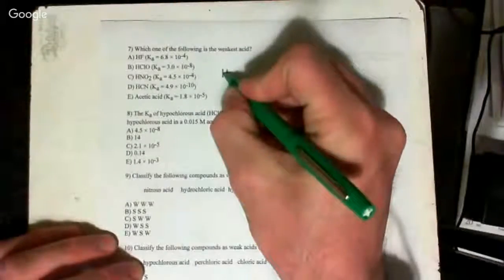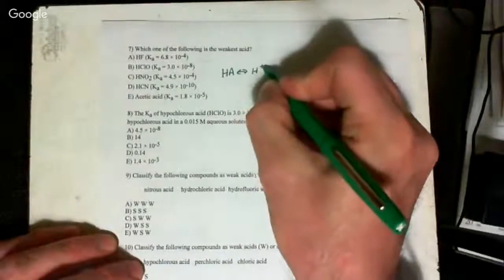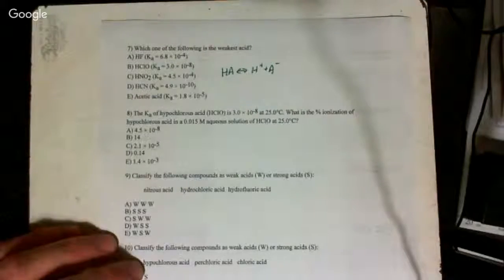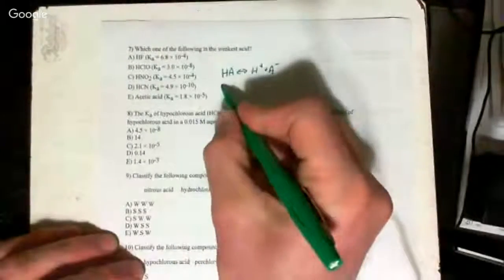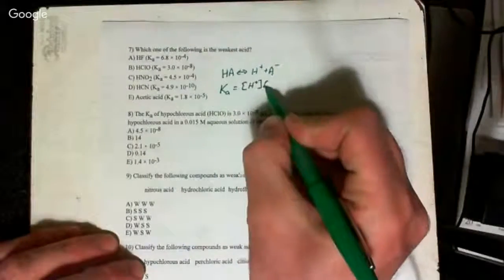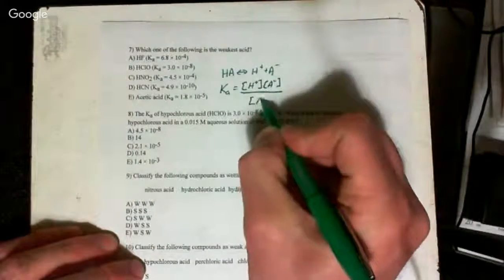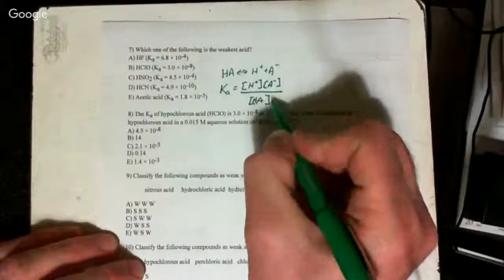If we just do a general weak acid HA in equilibrium with H plus and A minus, we'd be able to write a Ka expression: concentration of H plus, concentration of A minus, all over concentration of my weak acid.